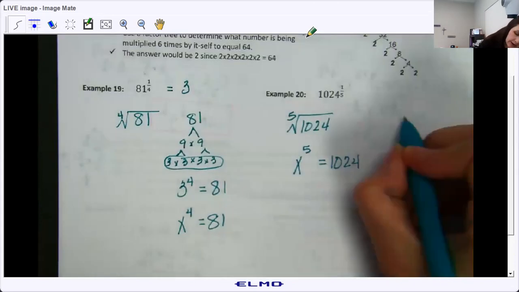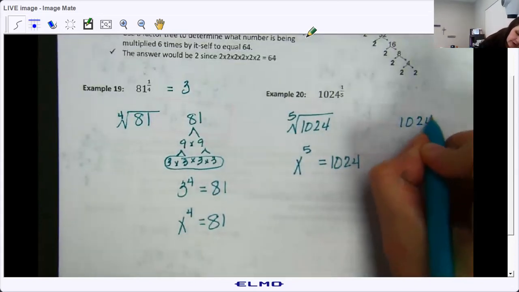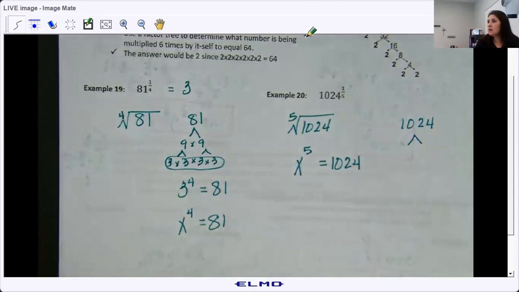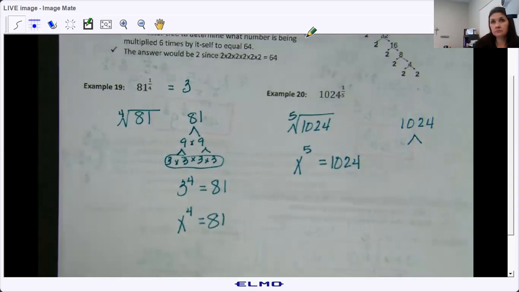So I would use a factor tree, and this factor tree is going to be somewhat long. You don't always have to start with 2 or 3. Okay, so in this case, I could start with 4.